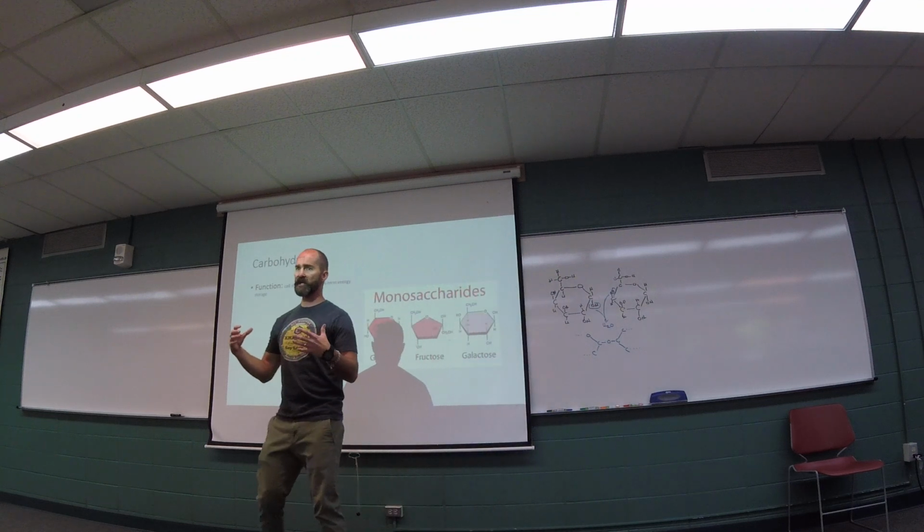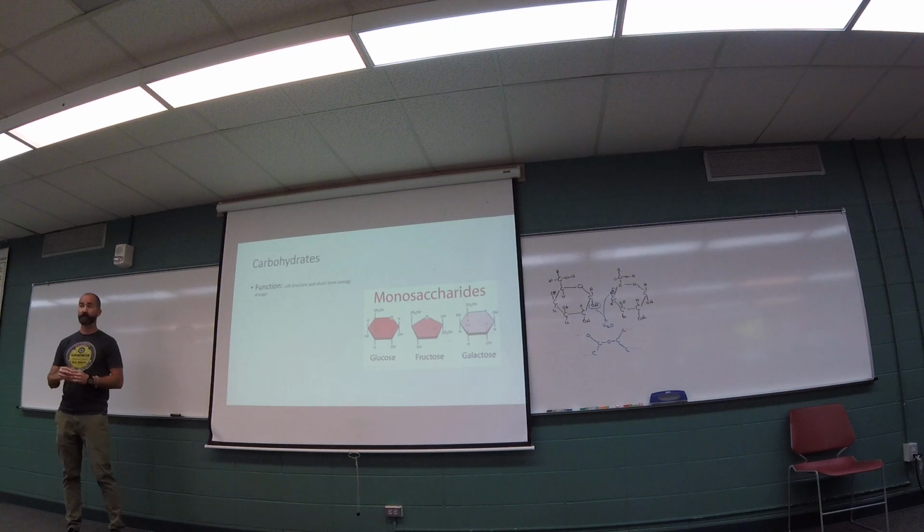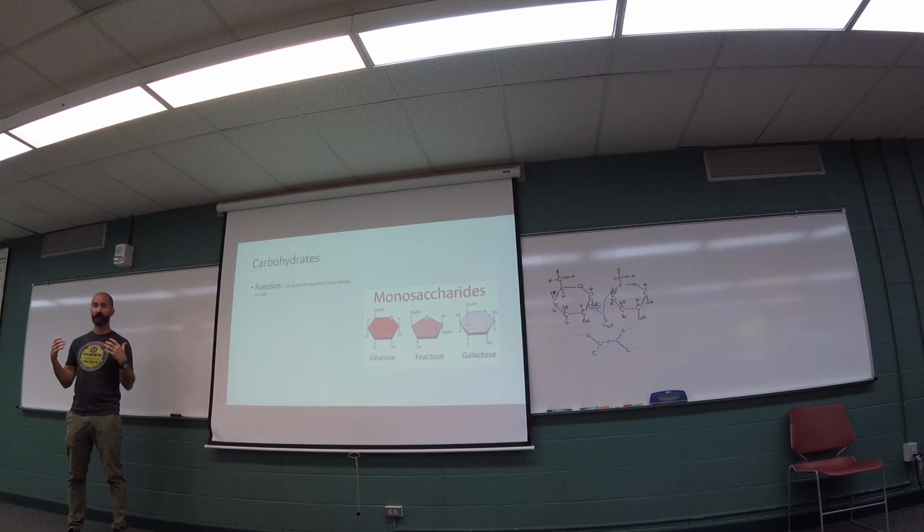They're really large, they occupy a lot of space, and they don't store a ton of energy. And so really, it's for immediate use. If we want to store energy for long-term purposes, then what we need to do is develop a molecule that stores a whole bunch of energy in a very small space. And we're going to talk about that class of molecules next. But carbohydrates, these are for immediate use.